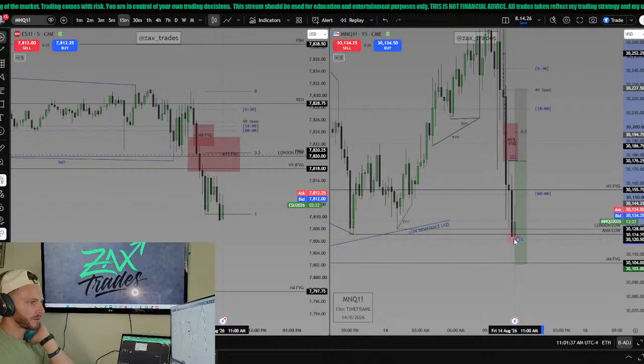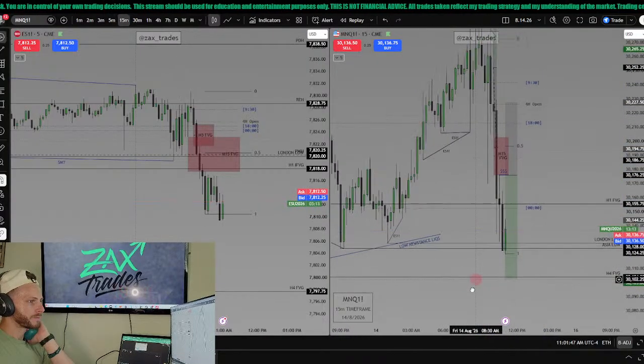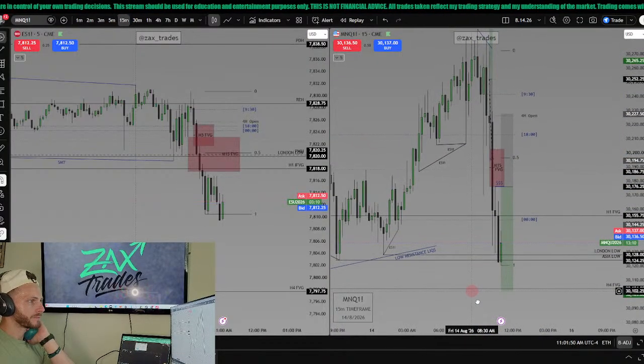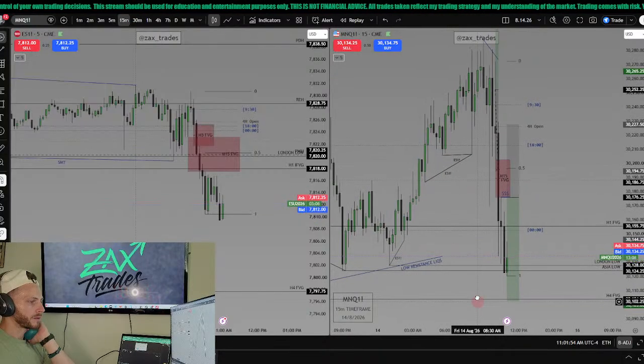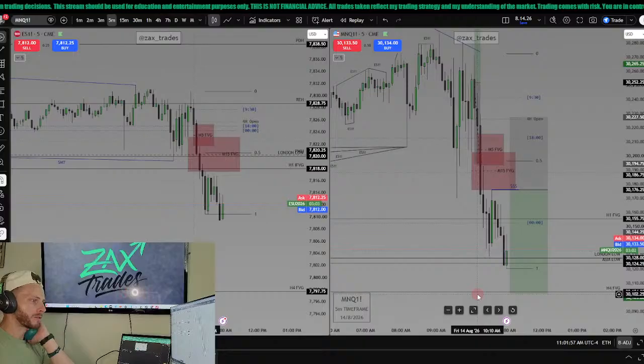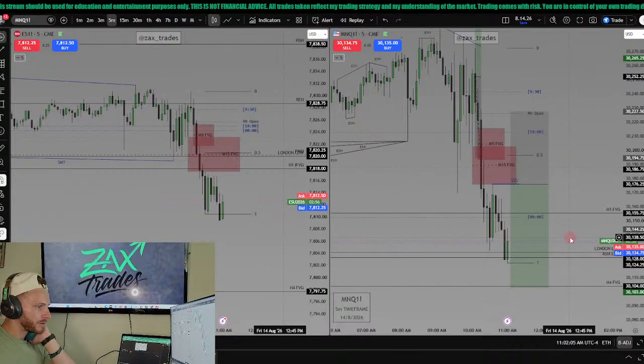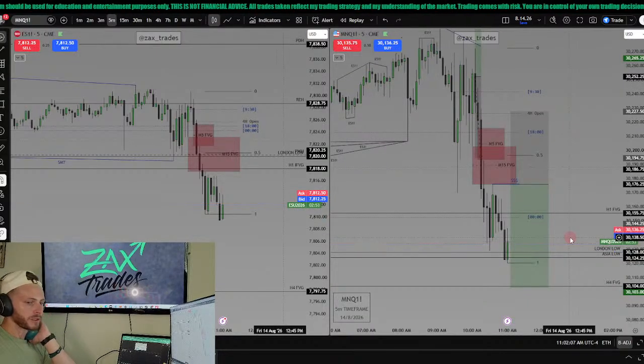Little adjustment to my dealing range here. Same basic idea there. Don't think that we're out of this quite yet, guys. I mean, we're hanging on by, you know, barely, barely hanging.